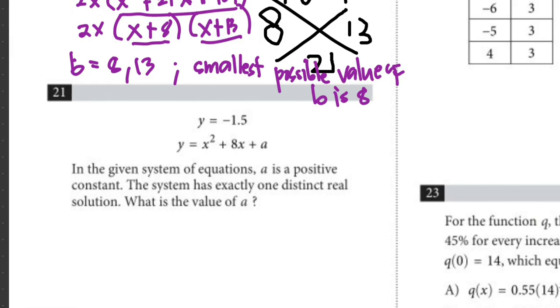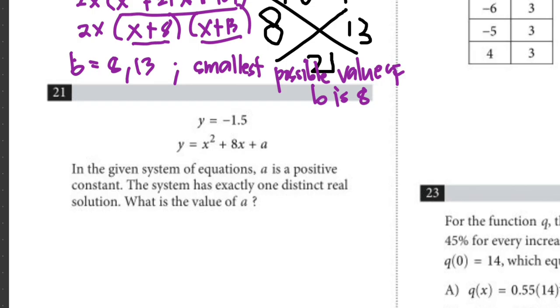21. In the given system of equations, a is a positive constant. The system has exactly one distinct real solution. What is the value of a? Okay, solve for a. It says the system has exactly one distinct real solution.